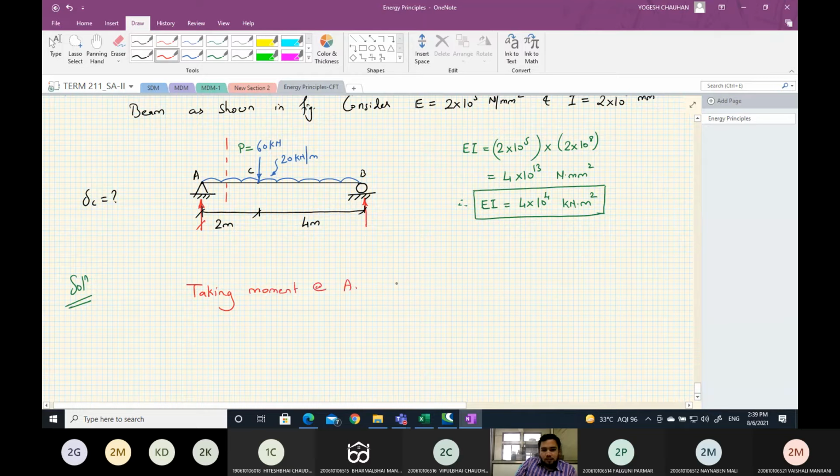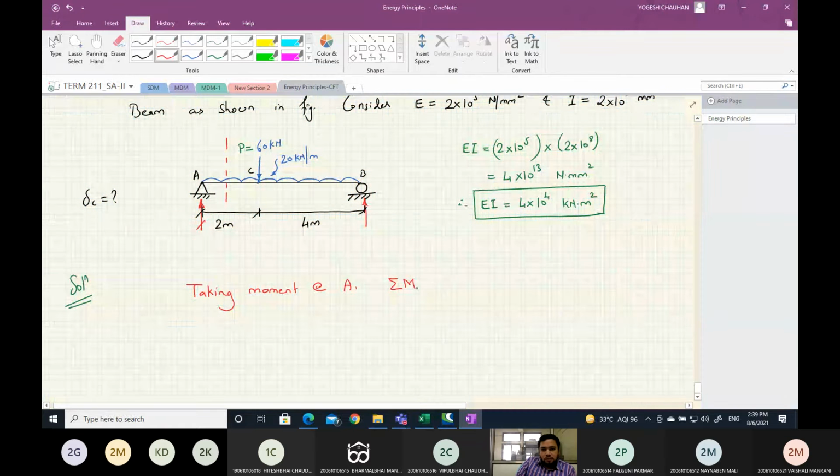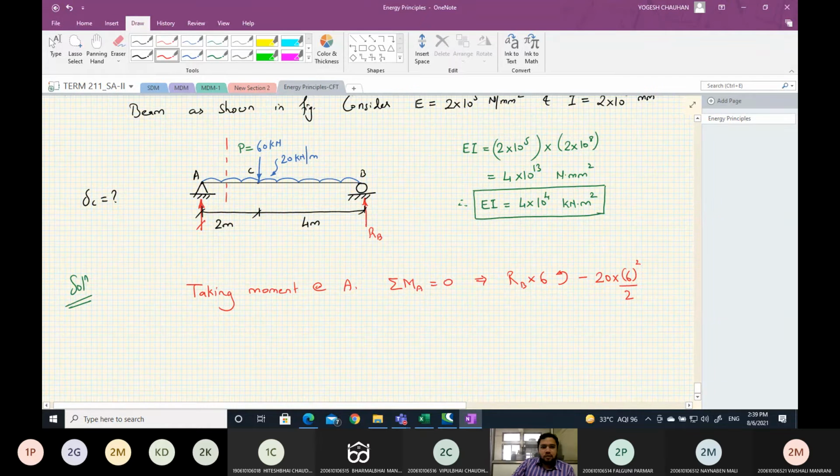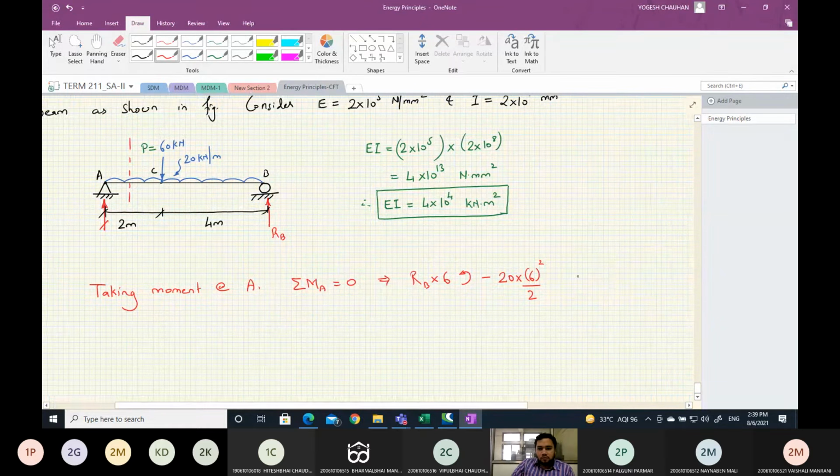Taking moment at A, that is summation of moments at A equals 0. Let us say this is RB. So RB into 6 acting in anti-clockwise direction, minus 20 into 6 square by 2 acting in clockwise direction, minus this P load, P into 2.